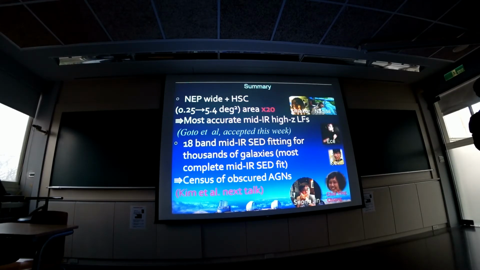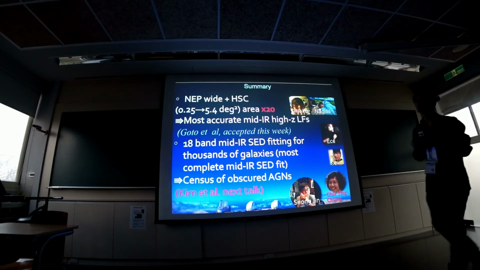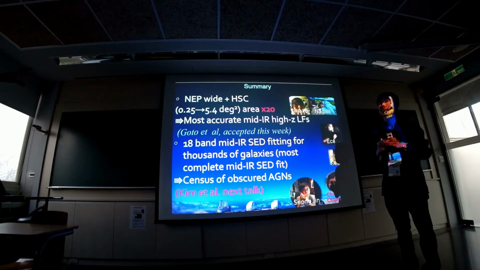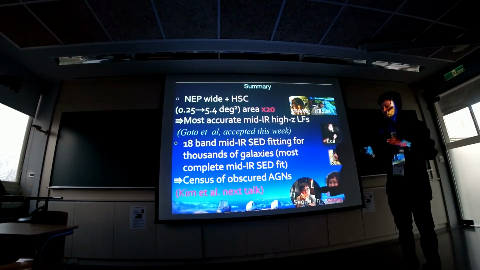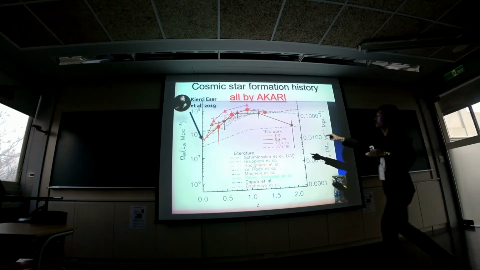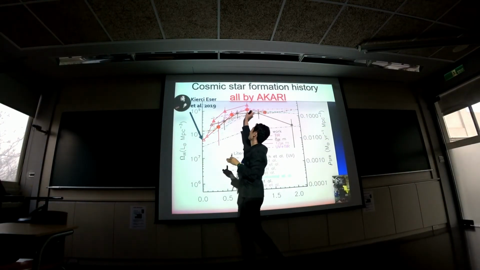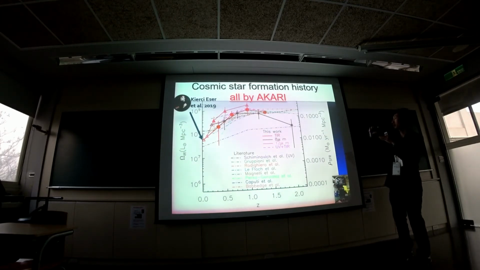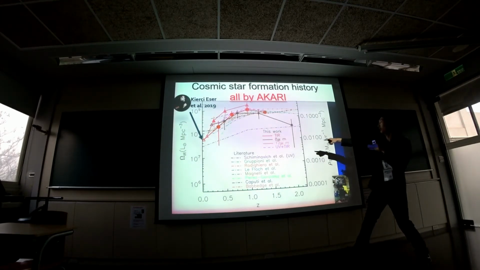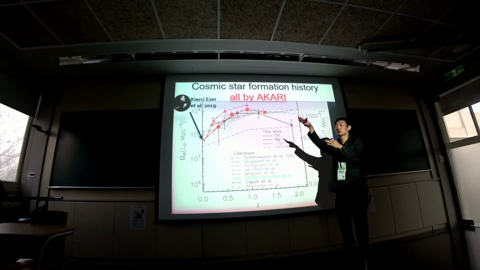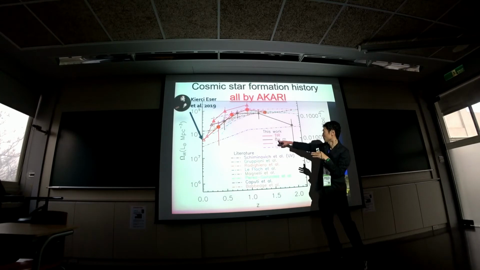Just following Hiro's question, it looks to me that the luminosity function based on 12 micron is higher compared to other tracers. Is there any explanation for that? You mean this one? Yeah, the triangle one. Okay, this is a very good point. This is because of the faint end. The faint end slope of the 12 micron luminosity function is a little bit steeper than other wavelengths, for example 8 micron or total infrared.